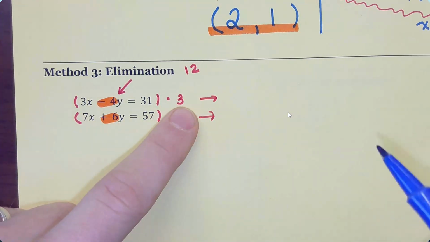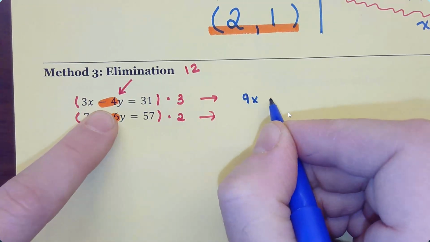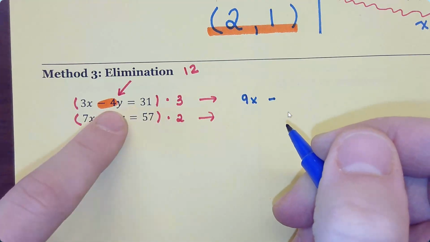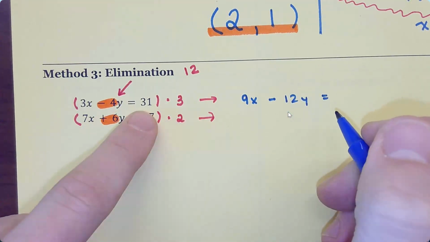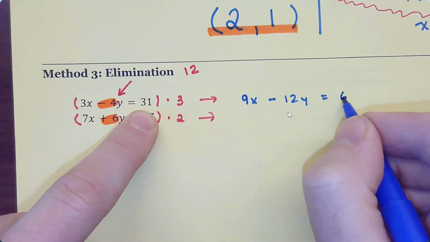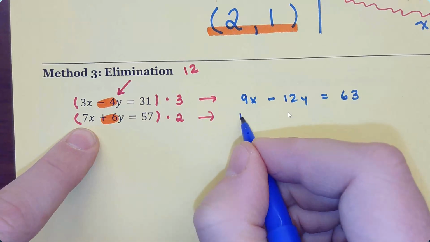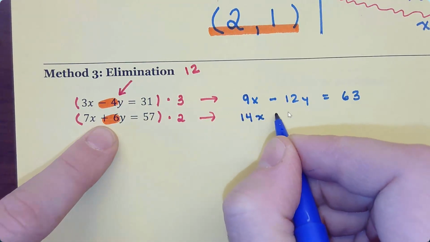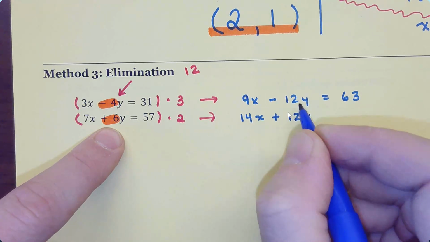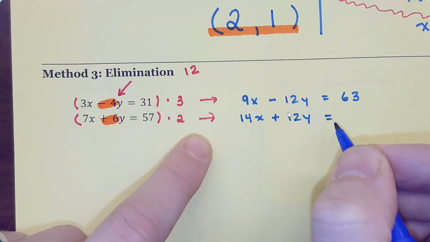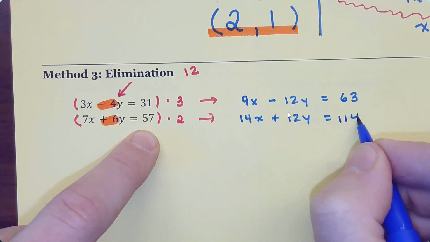The first equation would become 3 times 3x is 9x minus 3 times 4y is 12y is equal to 3 times 31 is 63. Second equation, 2 times 7x is 14x plus 2 times 6y is 12y, oh, there's our opposites, is equal to 2 times 57 is 114.